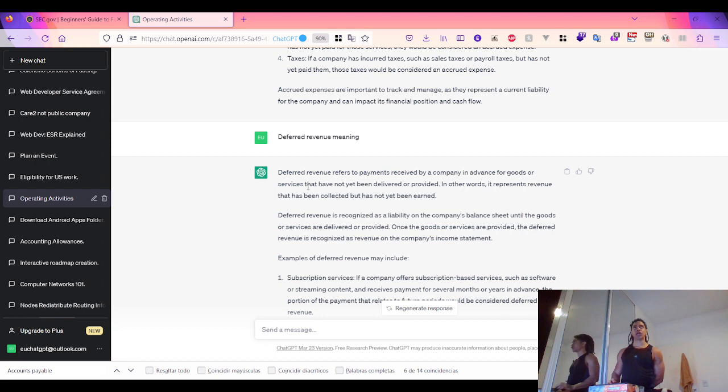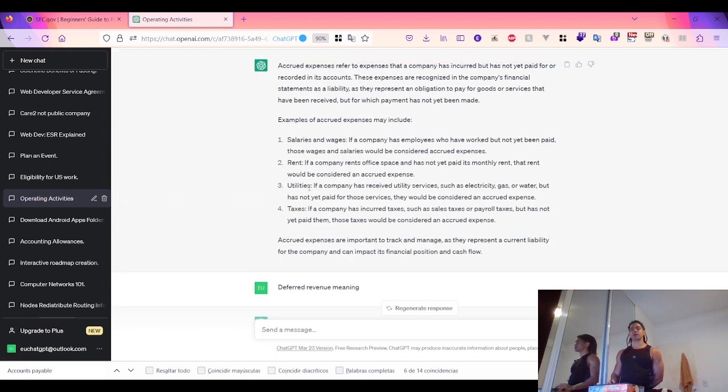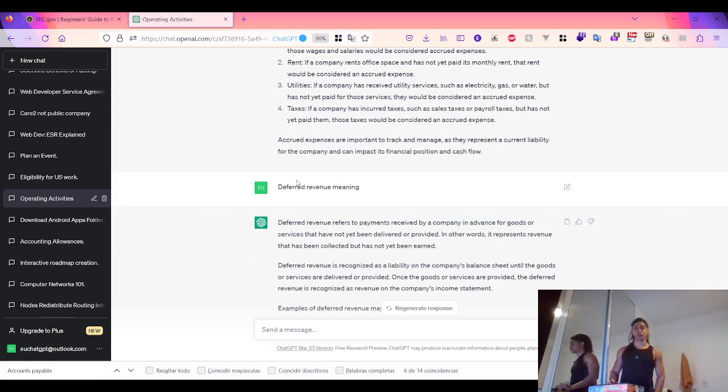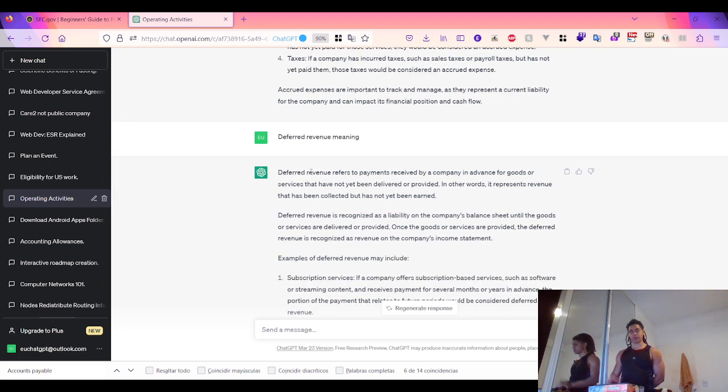So in Spanish, accrued expense is gastos acumulados. And in English, deferred revenue means ganancias diferidas.